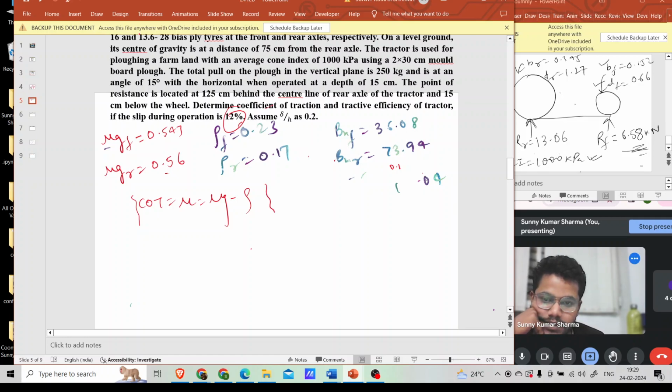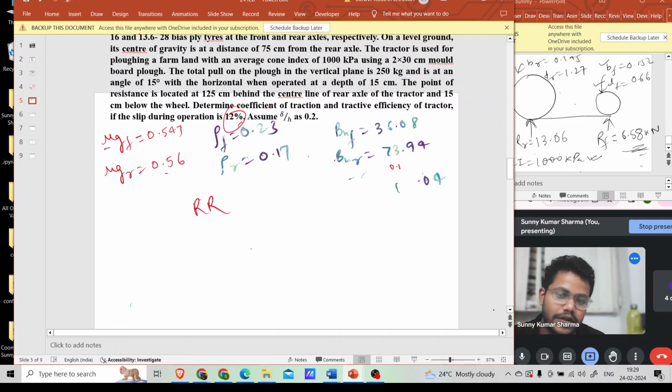And for the whole tractor, what will be the coefficient of traction? If you have been asked what the rolling resistance for the tractor is, then for all four tires, what will you do? This is rho F for one wheel. Rho F is rolling resistance by dynamic weight.